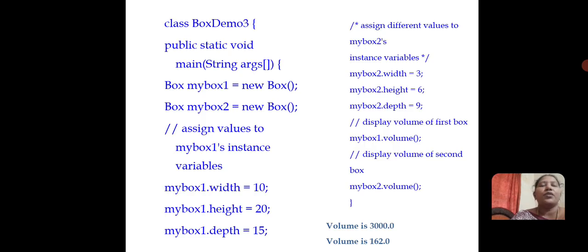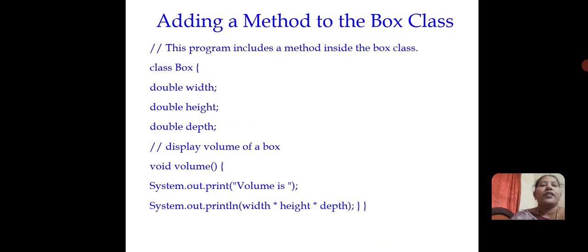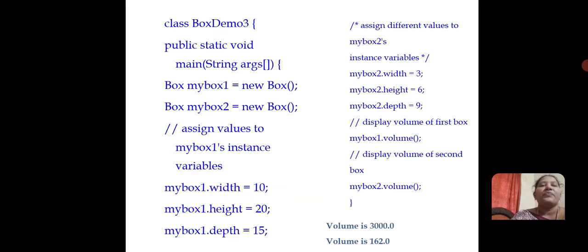Instead, you can just call the volume method that you have defined in the class Box using the object name. For example, if you call mybox1.volume, mybox1 has the width, height and depth as 10, 20 and 15. Those values will be used by the method, and it will calculate the output as 3000.